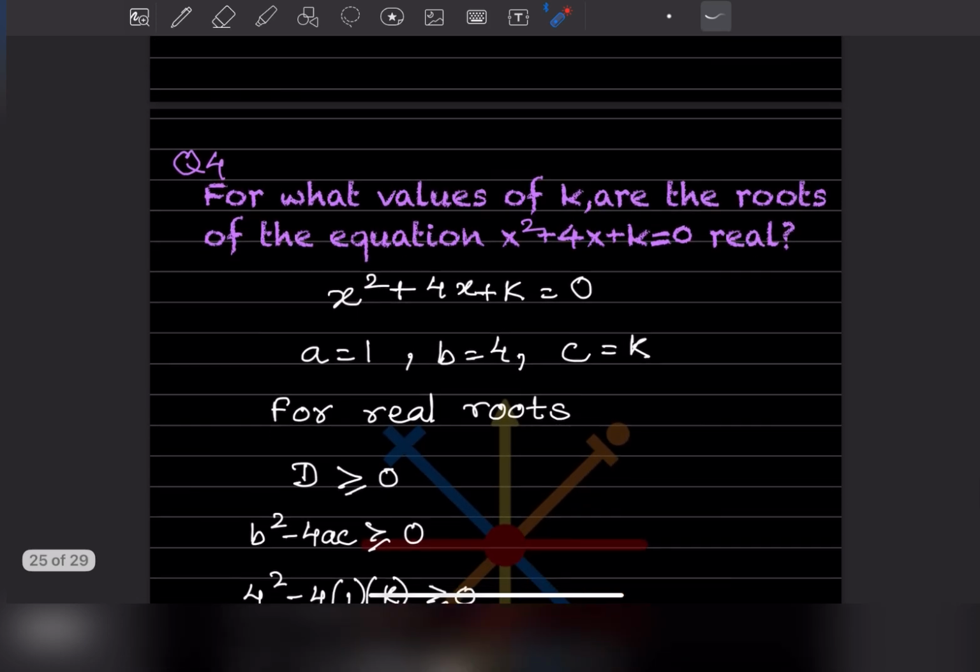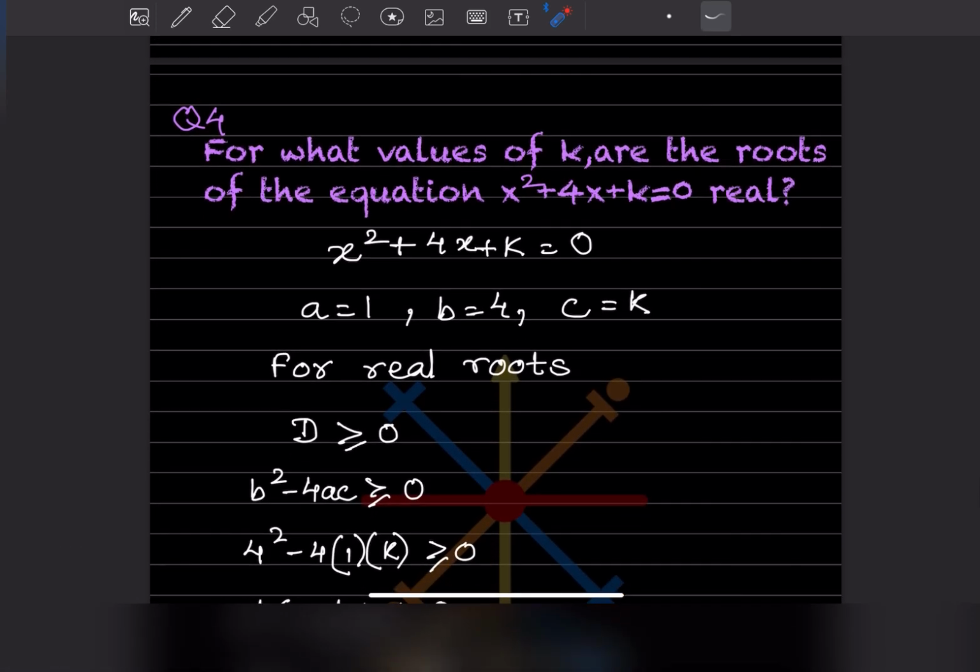For what values of k are the roots of the equation x square plus 4x plus k is equal to 0 real? So now this is the equation given. So a here is 1, b is 4, and c is k. So they want the real roots. So for real roots, what do you have? D is greater than or equal to 0.